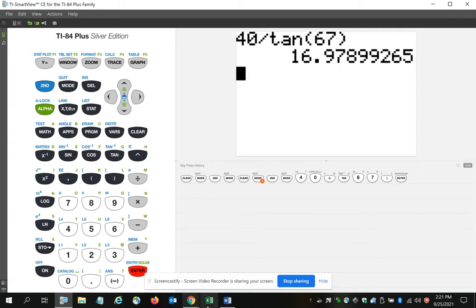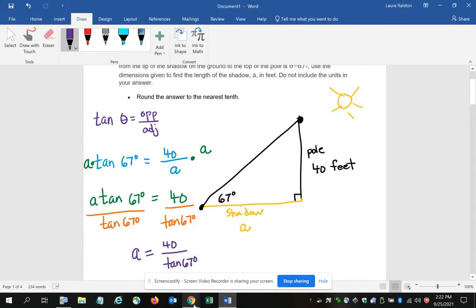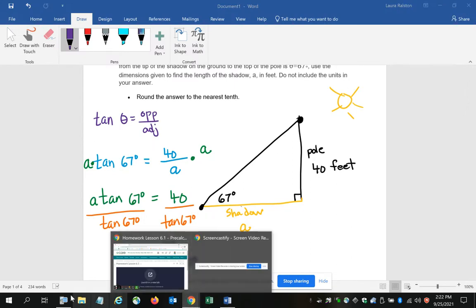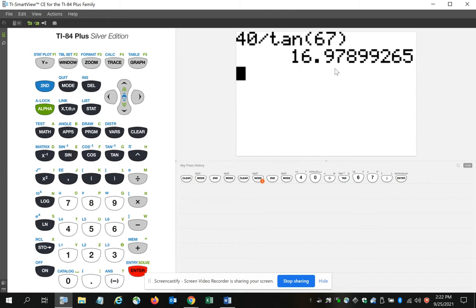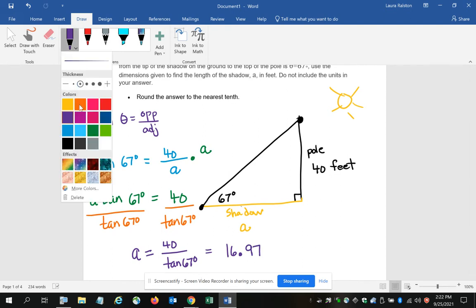And it asks me in the question, I get 16.97899. It asks me to round to the nearest tenth, which is 1 decimal place. Let me bring it over here to our paper. We get 16.97, but we're asked to round to the nearest tenth, which is 1 decimal place.